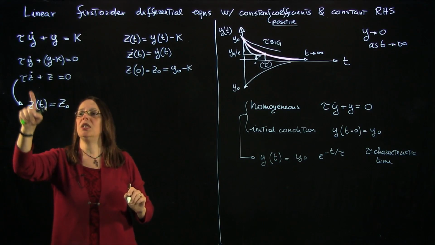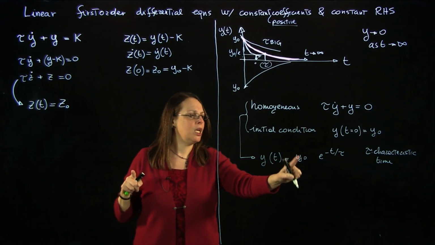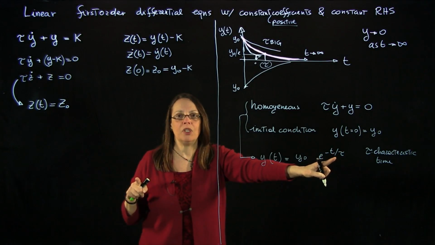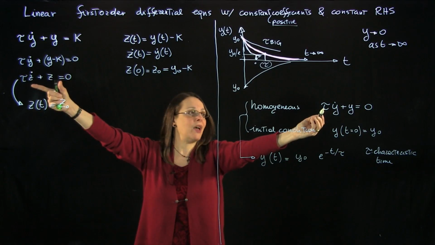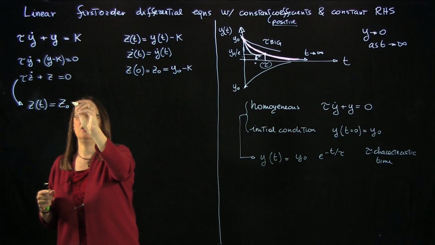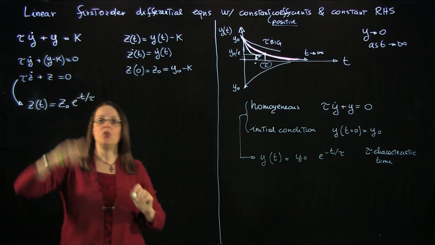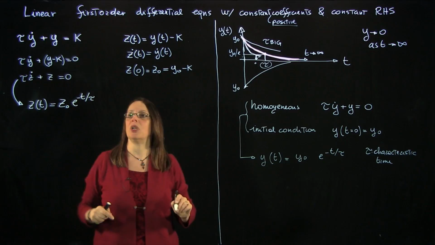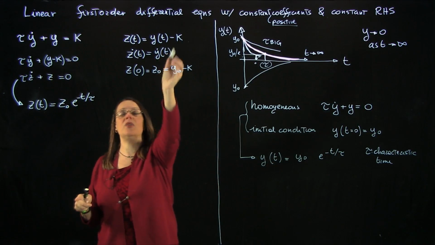So my z of t, the same way as I solve this equation here, and I say y of t is y0 e to the minus t over tau, z must satisfy the same equation. So z of t must be z0 e to the minus t over tau. That's the solution to this differential equation. And now I say, but wait a second. My z of t is y of t minus k.